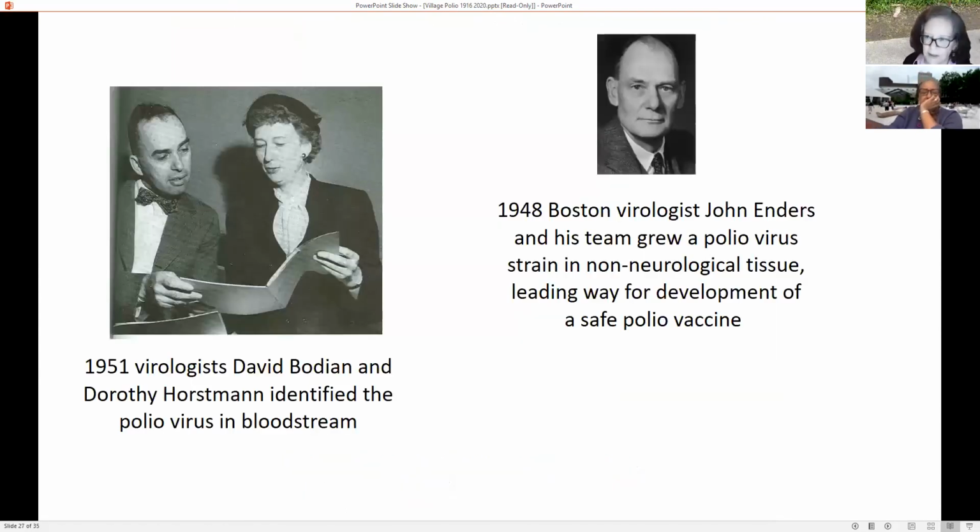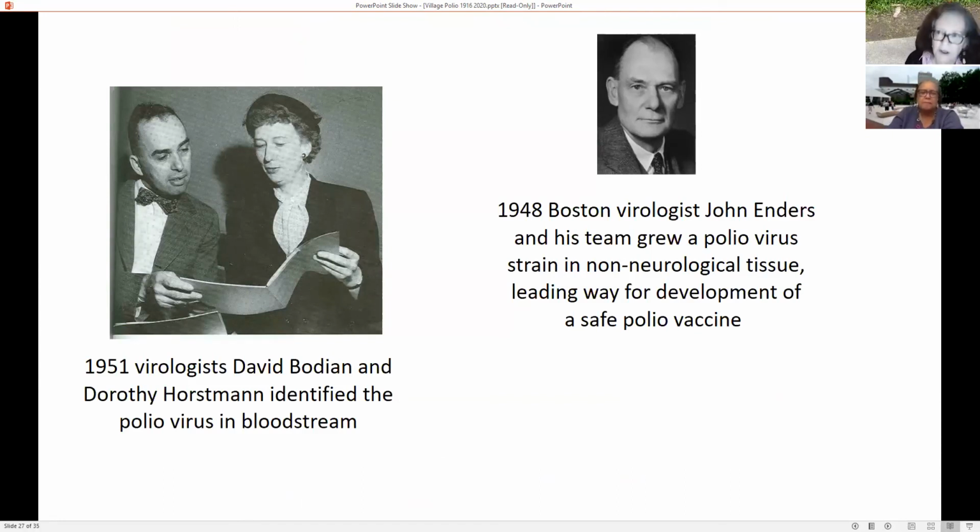So just to say that polio itself came to be reassessed, and it became clear that it wasn't just a paralyzing disease. In fact, the virus spread through the blood and concentrated primarily in the intestines, and only rarely did it go to the spinal cord and the brain and lead to paralysis.